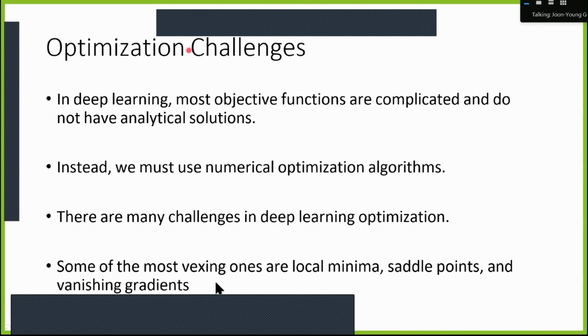In deep learning, most of the objective functions or loss functions do not provide a closed form solution. So we want to numerically optimize them, and the numerical optimization algorithm we know is gradient descent.